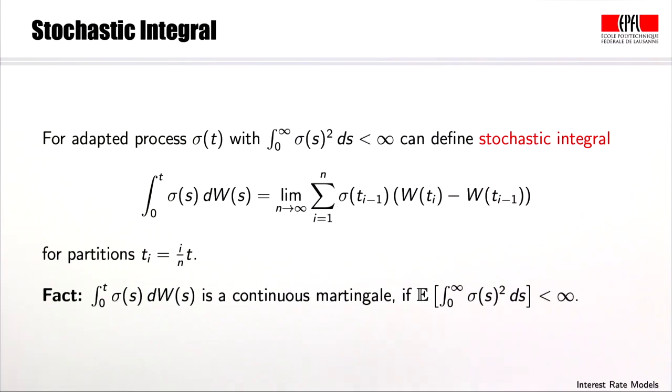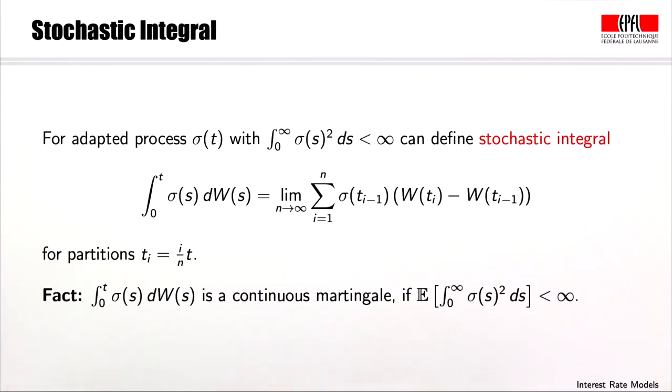For any adapted process sigma t, whose trajectories are square integrable in time, we can define the stochastic integral with respect to a Brownian motion. This is how we denote the stochastic integral.